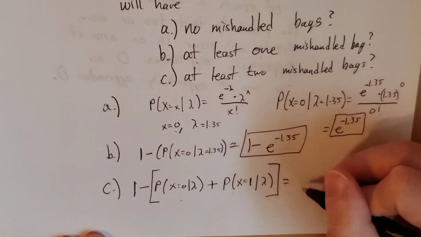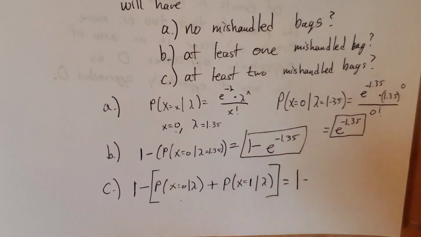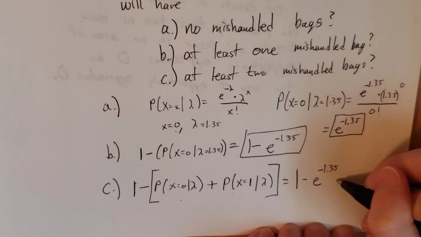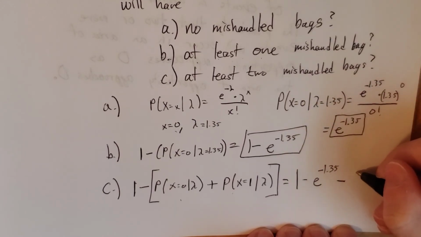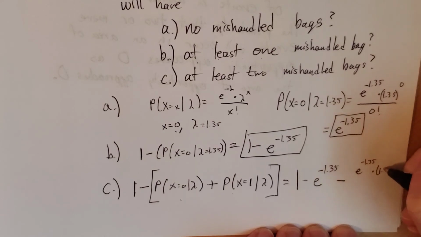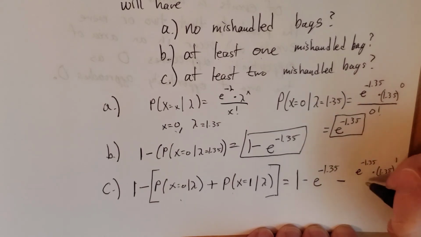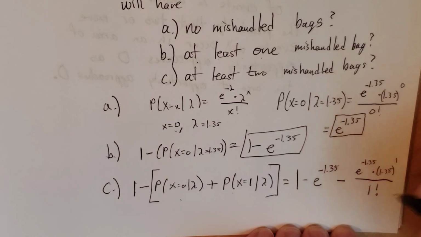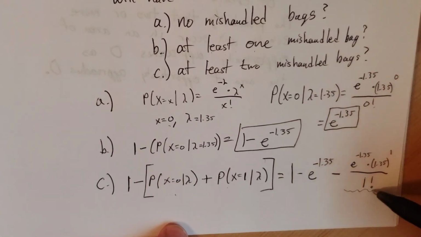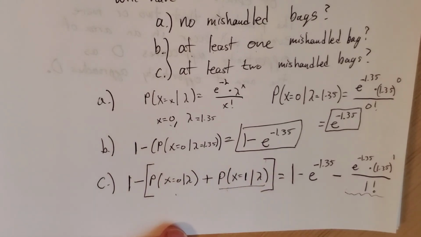Well, what does that actually end up being? This is 1 minus e to the negative 1.35 minus e to the negative 1.35 times 1.35 to the first power all over 1 factorial, where this right here is your probability of exactly 1 event occurring.